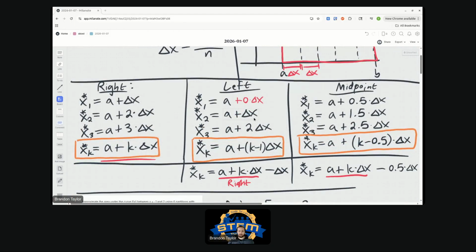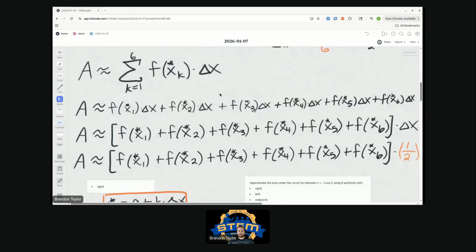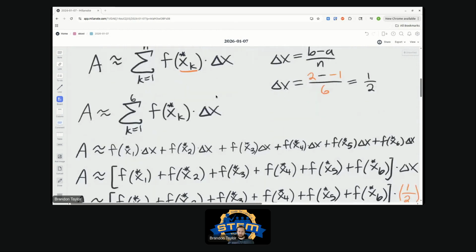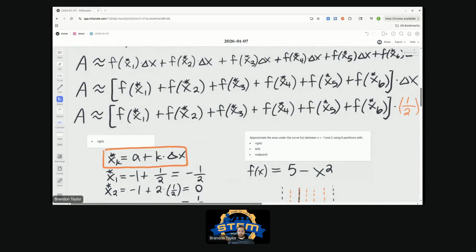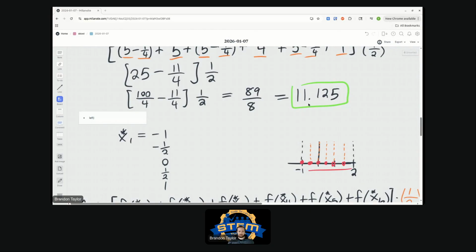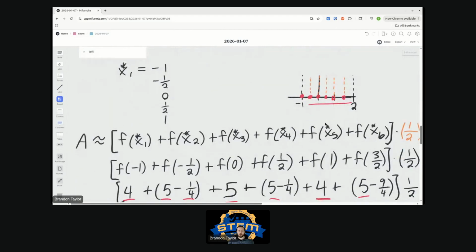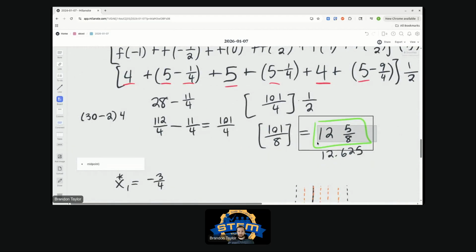And again, we have a couple different ways to do that: the right Riemann sum, the left Riemann sum, the midpoint rule, etc. We went through some examples of using the formulas that we've been talking about this week. We put actual numbers to them and came up with actual calculations. For the right Riemann sum, for example, 11.125. For the left Riemann sum, 12.625.